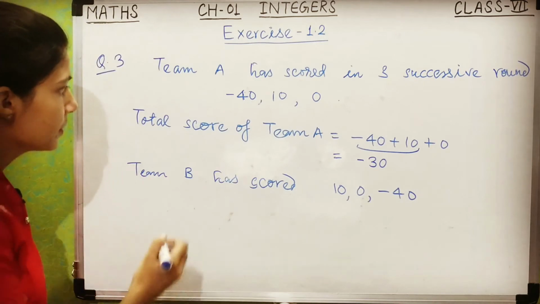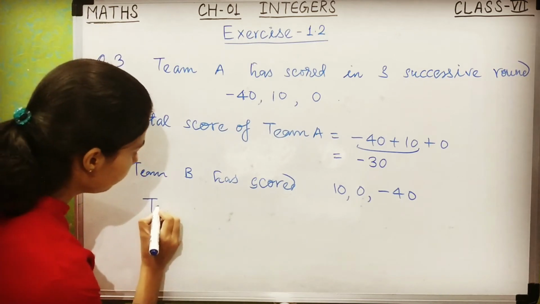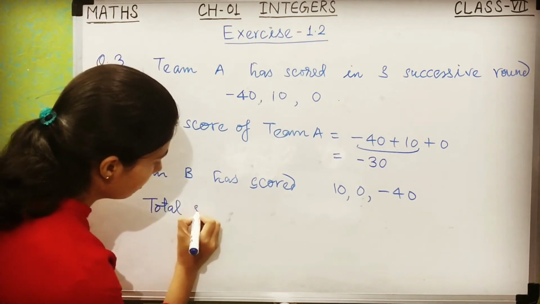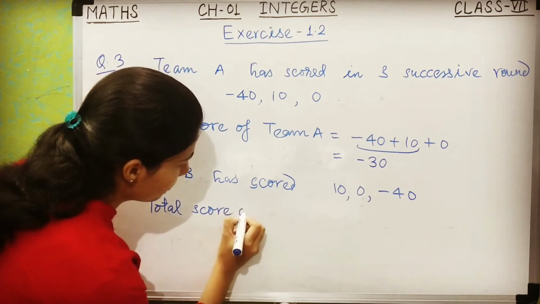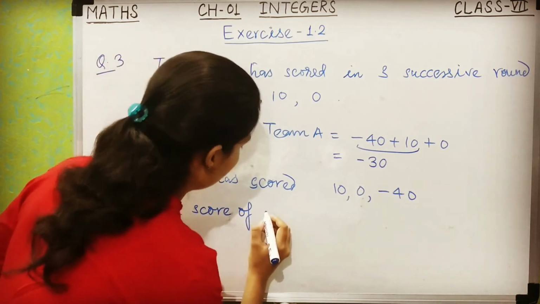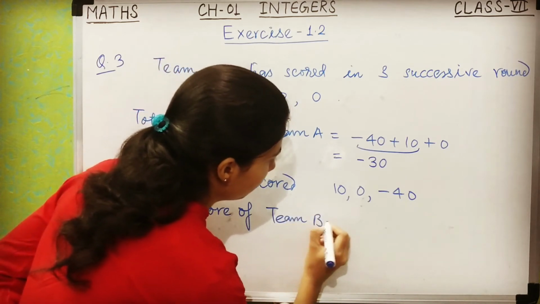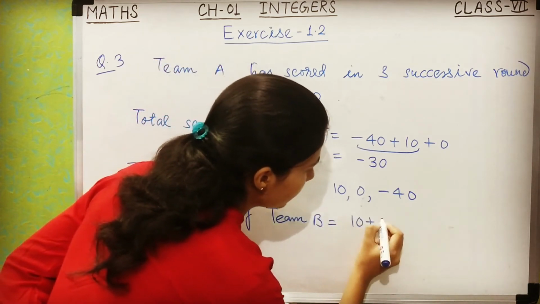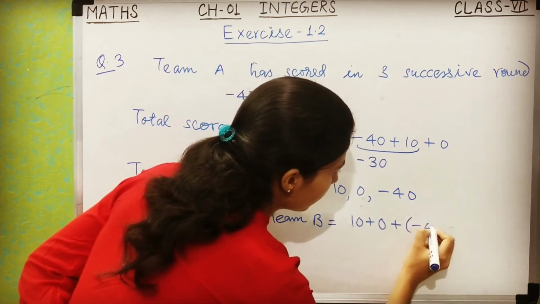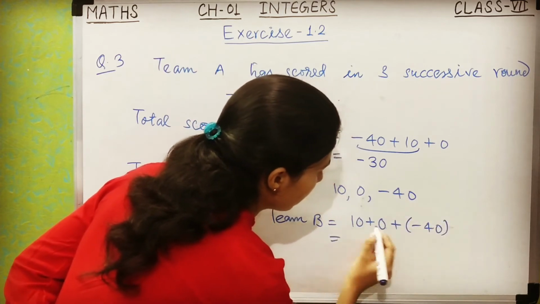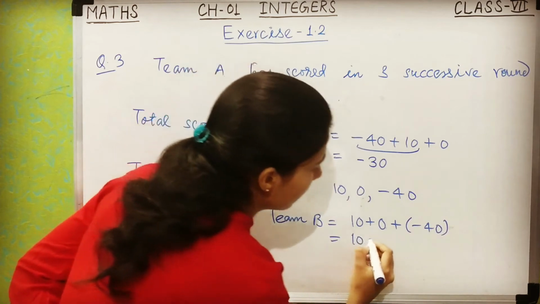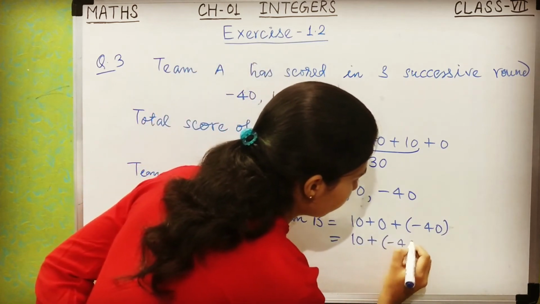So the total score of team B will be 10 plus 0 plus minus 40. Now see, 10 plus 0 is 10 and plus minus 40.